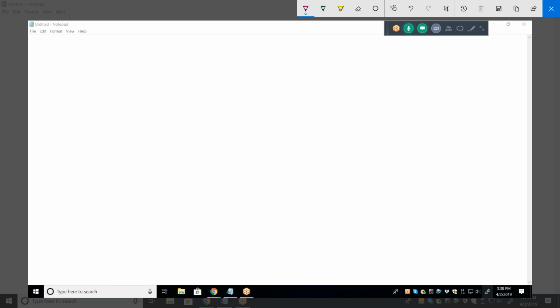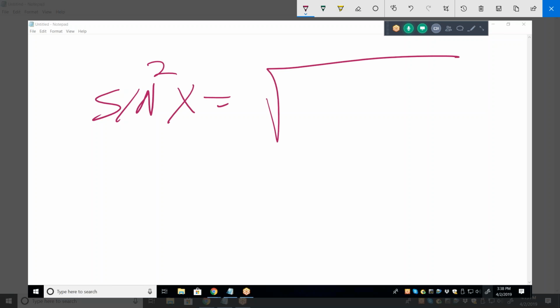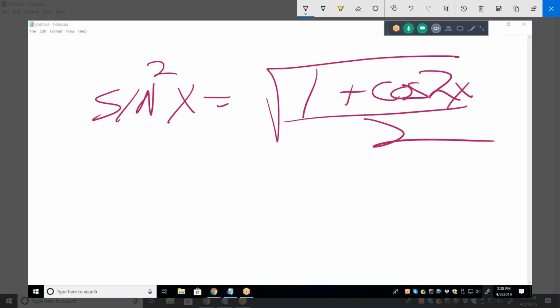Okay? And if you're referring to what I think you're referring to, sine squared x equals something like this. I might have a plus sign instead of a minus sign.